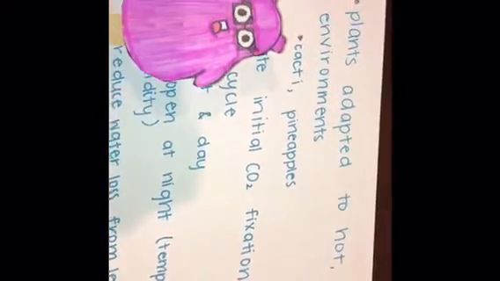CAM plants. Some plants perform photosynthesis in a slightly different way, and these are called CAM plants. CAM plants are plants that are adapted to hot and dry environments. A couple examples of these plants are cacti and pineapples.